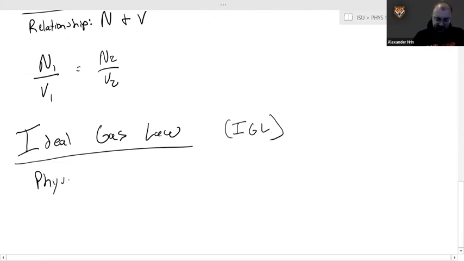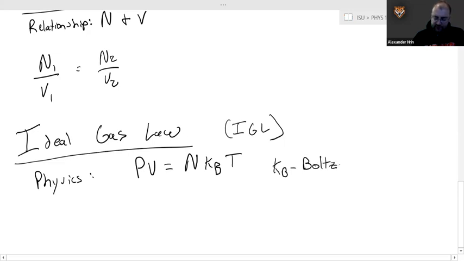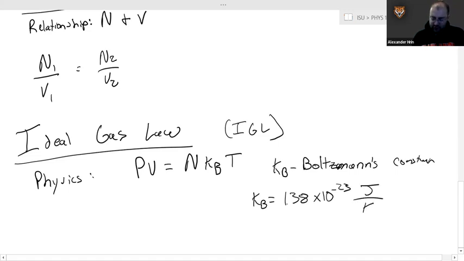The physics version looks like this: PV equals N times some constant KB times T. KB is called Boltzmann's constant. It is equal to 1.38 times 10 to the negative 23rd, and the units end up being joules per Kelvin.